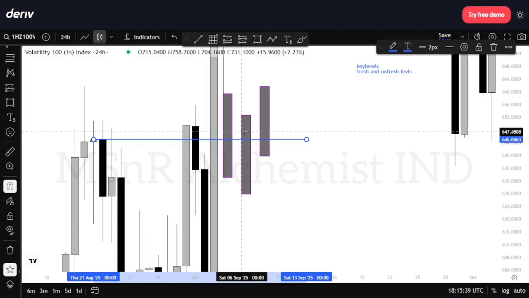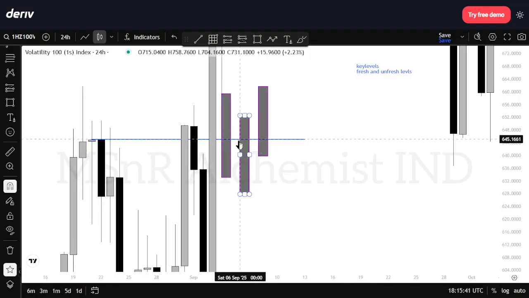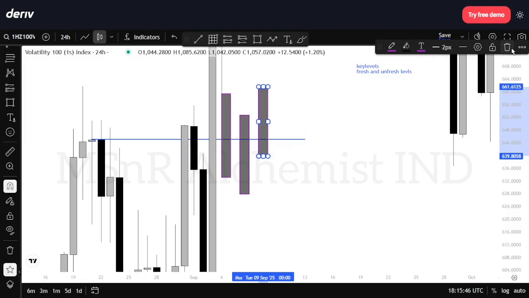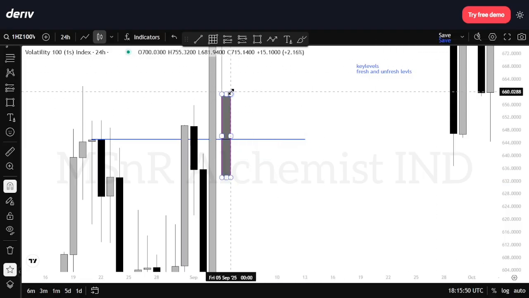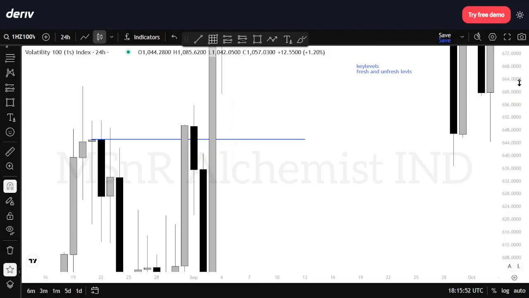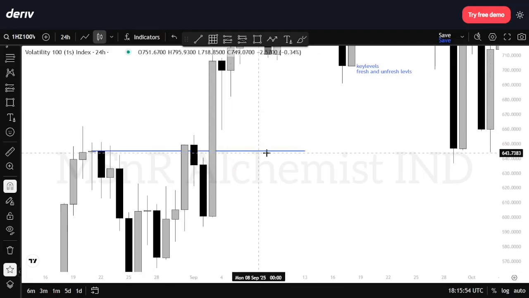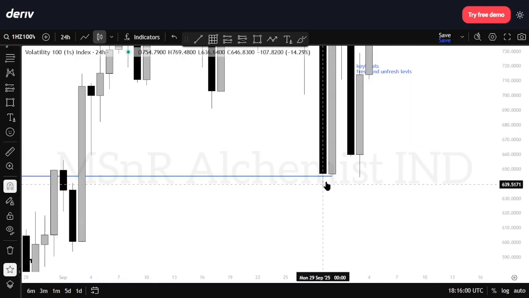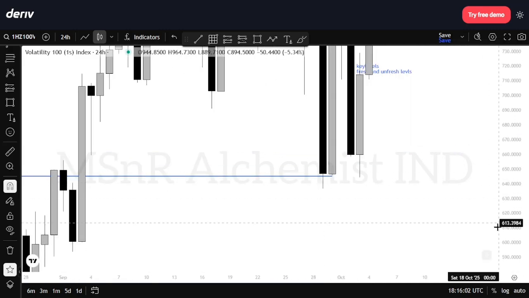Consecutive candles can break it, and still it is fresh. Why? Because we didn't get any touch with a wick. Now see, we didn't get touched, we are still fresh. And here we touch with wicks.